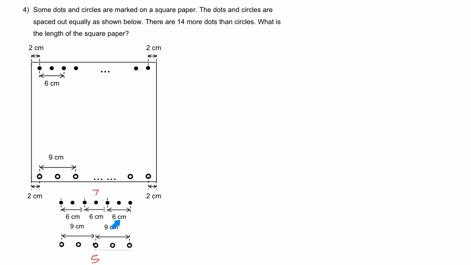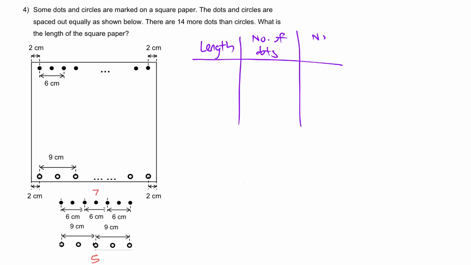Let me make this smaller and shift it down here so that I have the space to write my working. This is how I'm going to construct my table. I can just start with length. Next is number of dots. Number of circles. And next is difference between them.